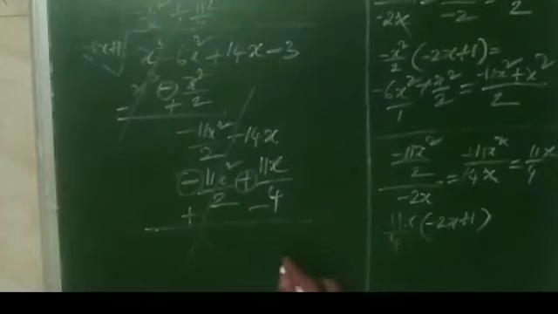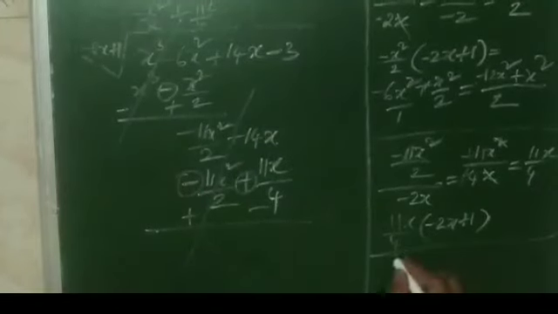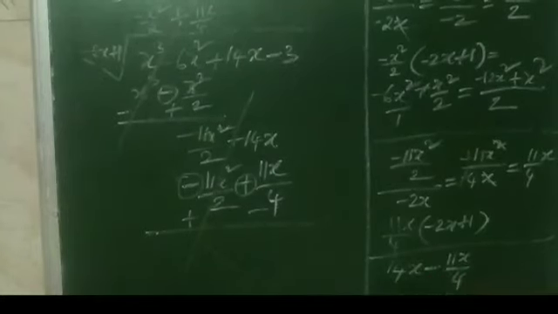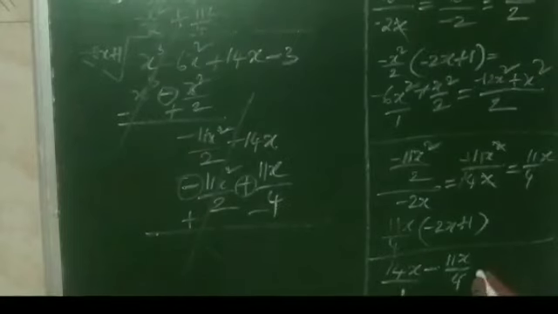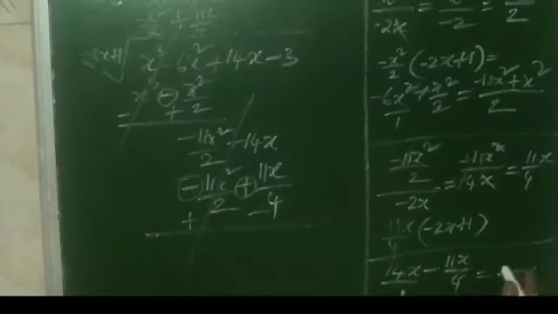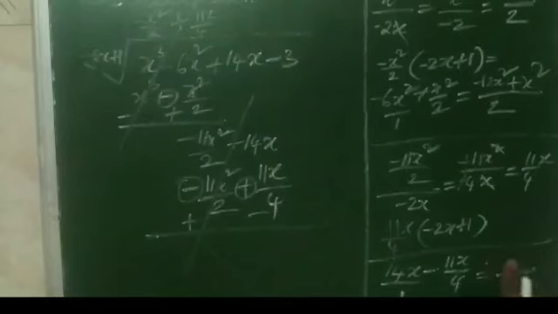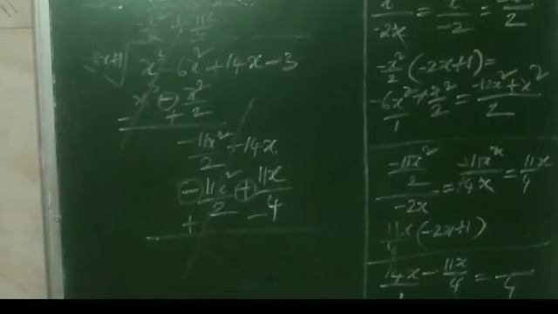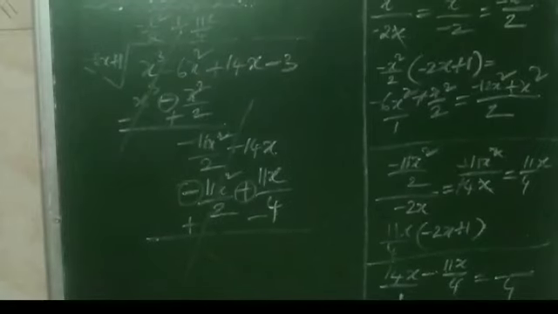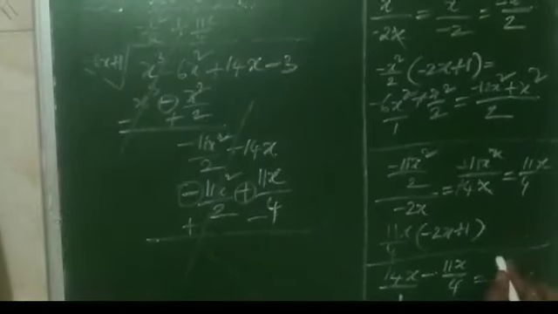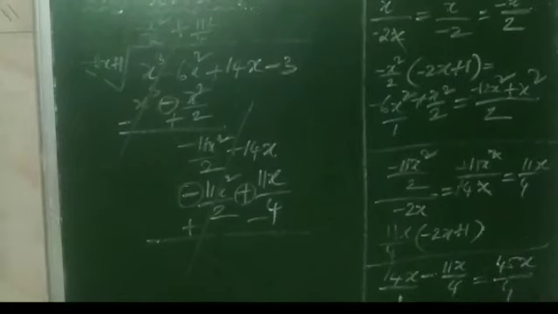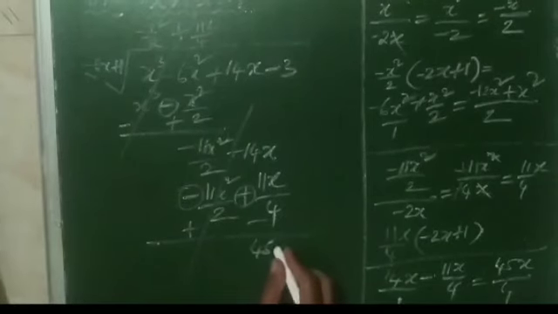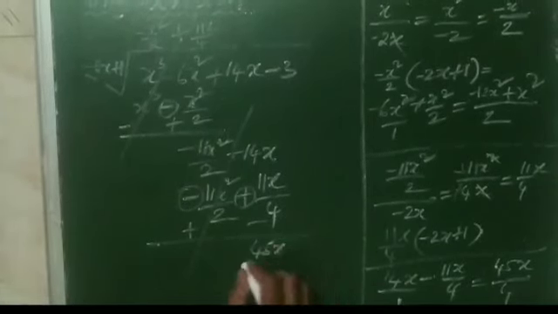On subtracting, it gets cancelled. 11x by 4 minus 11x by 4, plus 14x. 14x minus 11x by 4. Yes. What is the right sum? LCM is 4. 1 4s are 4, 14 4s are 56x. So 56 minus 11, 45x by 4.